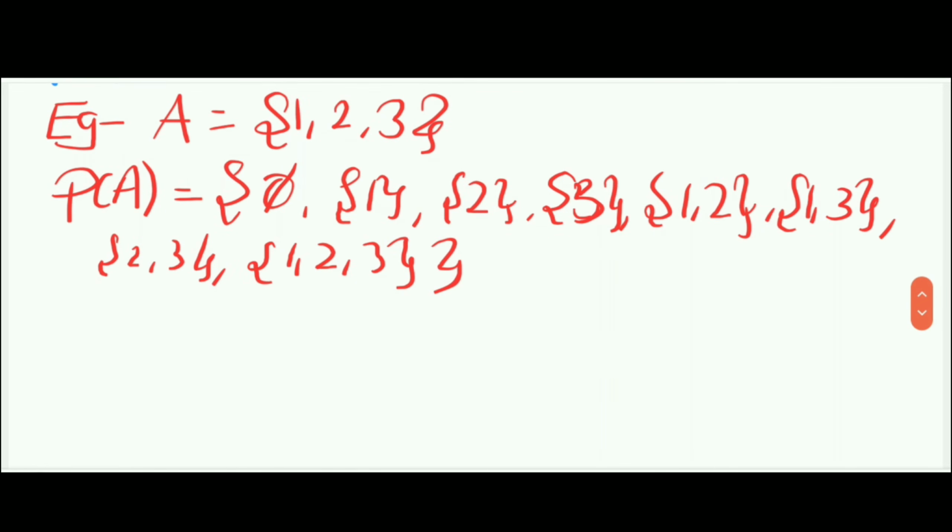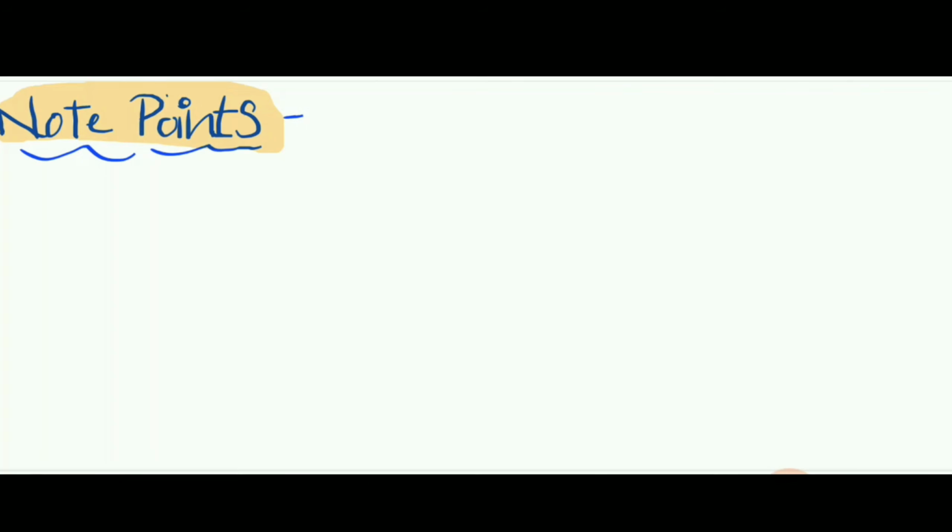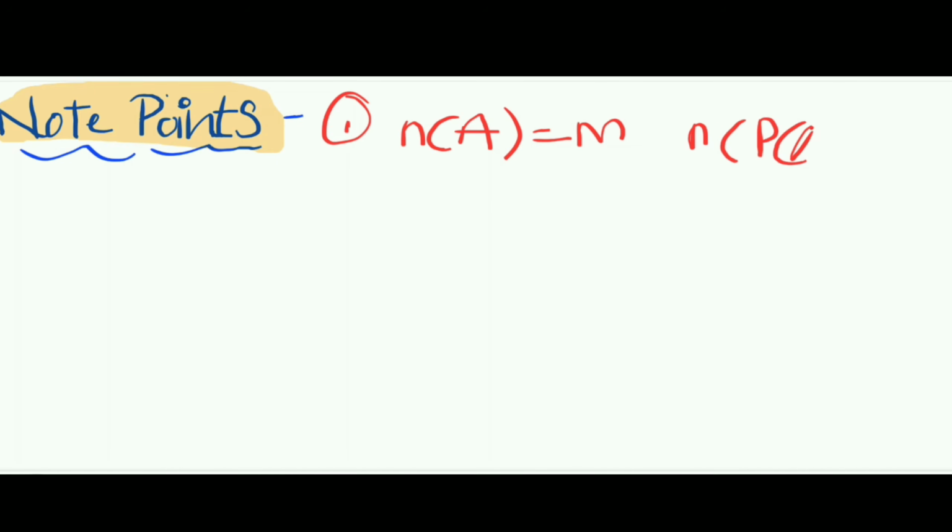Now we shall discuss a few note points which are very helpful for us. Looking at the note points, the first point is: if n of A is equal to m, then n of P of A is equal to 2 power m.